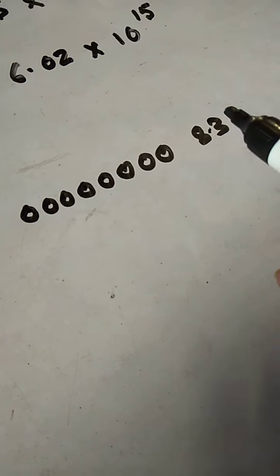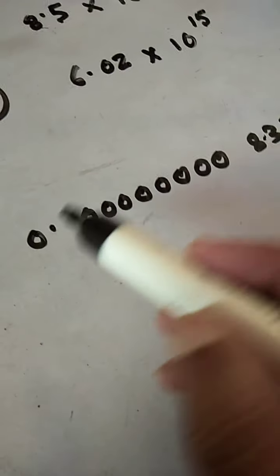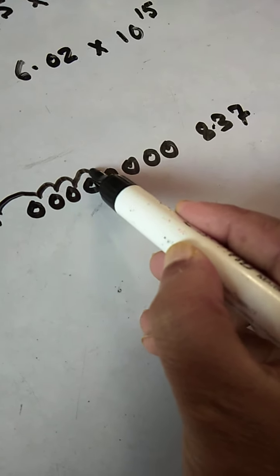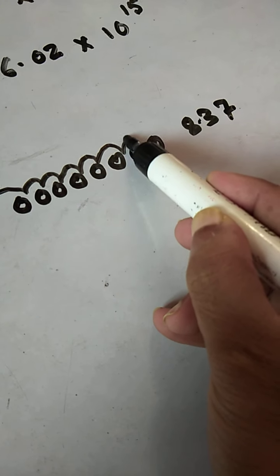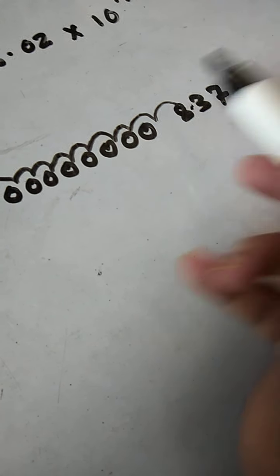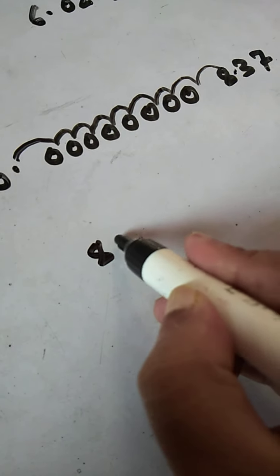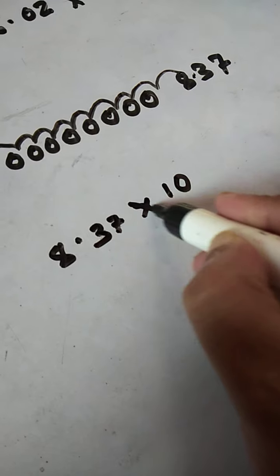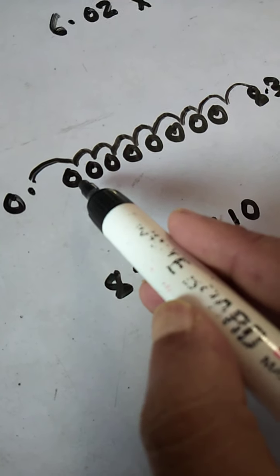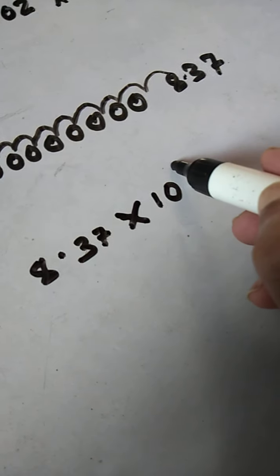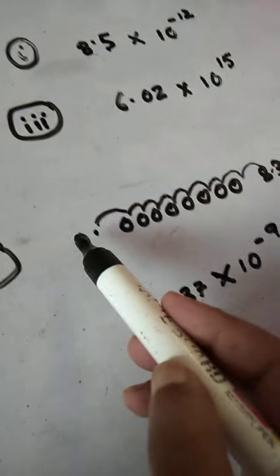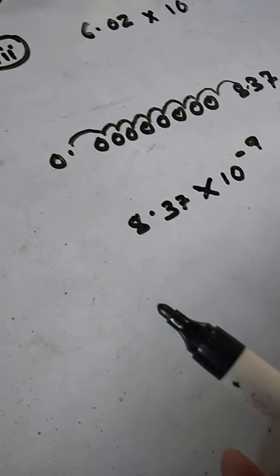We count: 1 2 3 4 5 6 7 8 and 9. So that means 8.37 times 10 to the power, the positions we have jumped, that is 9. But this time we again give the power as minus, because the number was already carrying a decimal form.